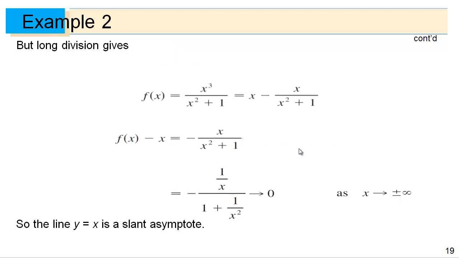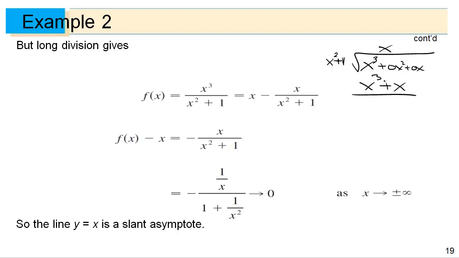By doing some long division, we can see that as x goes out to infinity, the function ends up looking like x. And if you don't remember how to do your long division, you're basically just taking x squared plus 1 and putting it into x cubed plus 0x squared plus 0x. x squared into x cubed has to be multiplied by x. This gives you x cubed plus x.